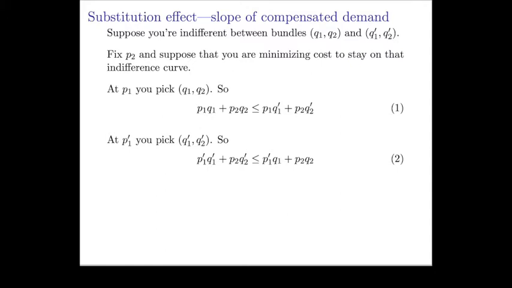Now let's suppose when the price of good 1 changes from P1 to P1 prime, you pick Q1 prime, Q2 prime instead of Q1, Q2. By the same reasoning, since this is a cost minimizing bundle, P1 prime Q1 prime plus P2 Q2 prime, remember we're not changing P2, has to be no bigger than P1 prime Q1 plus P2 Q2.